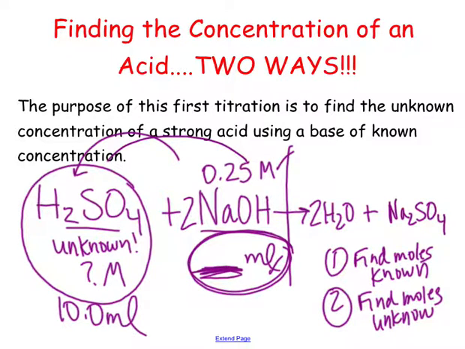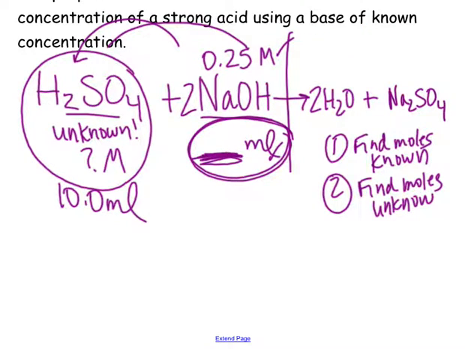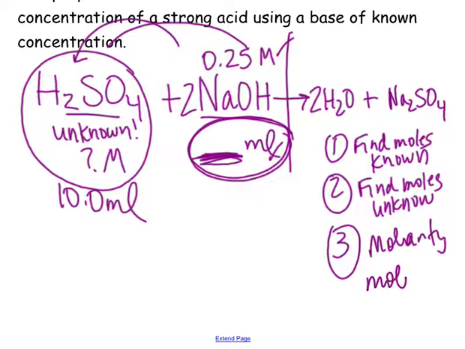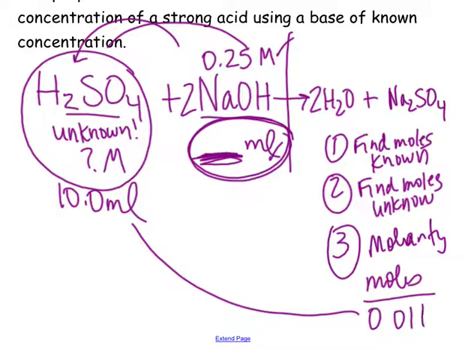We're going to stoich on over to find moles, and once we know the moles of the known, we can then find the molarity by taking those moles that we calculated through stoichiometry and dividing it by the 0.01 liters, or the 10 mils that we used when we started the titration.